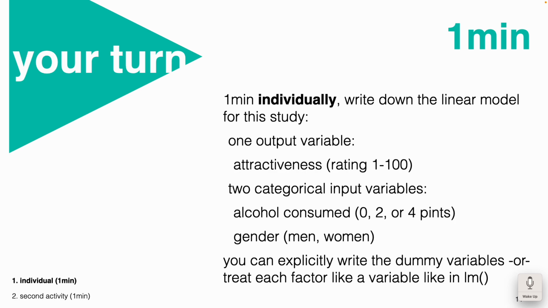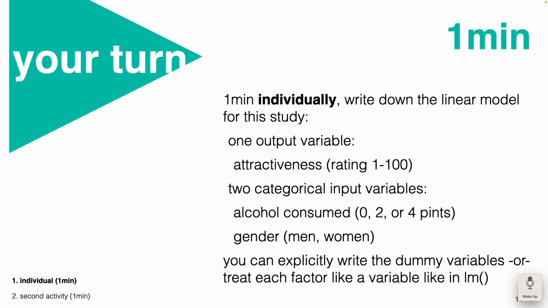X alcohol 2, I. Okay, plus, I'm guessing, what next? Beta alcohol 0 or 4? 4. Because we're going to have 0 be rolled into the intercept. Okay? And then what's next? X alcohol 4, I.